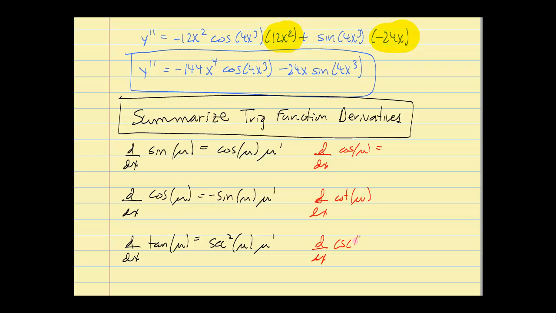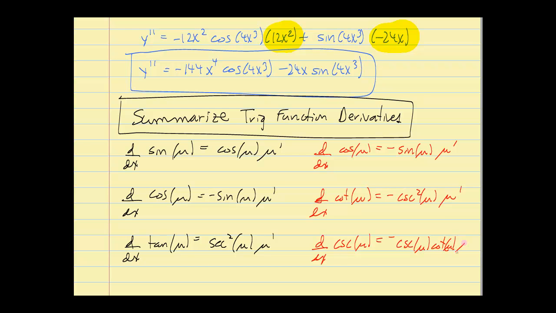Now remember, with our cosine, cotangent, cosecant, the derivative is always negative. So that's kind of how I remember those. The derivative of the cosine of u is negative sine of u, u prime. The derivative of the cotangent u is negative cosecant squared of u, u prime. And the derivative of cosecant of u is negative cosecant u, cotangent u, u prime.